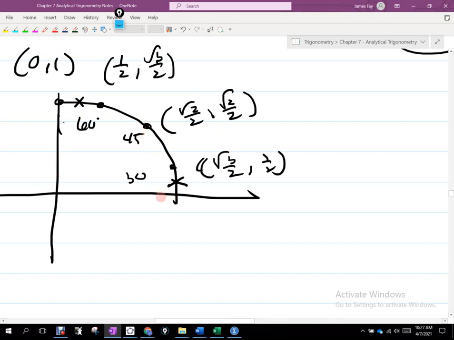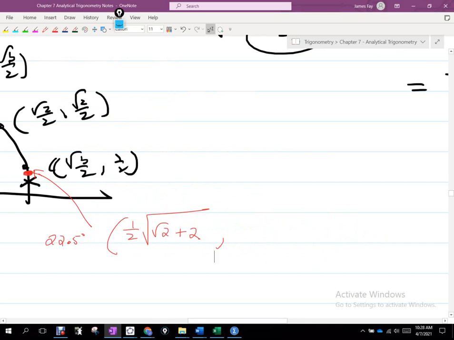But what we're doing now is that there is an angle right there of 22.5 degrees, and the ordered pair for that angle, where theta is 22.5 degrees, is now the cosine is 1/2 the square root of 2 plus radical 2.